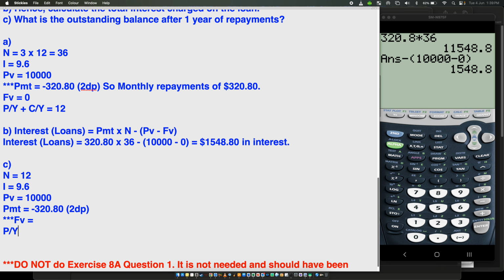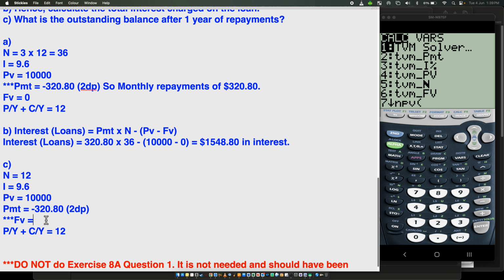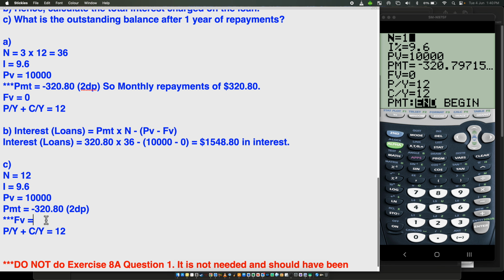PY and CY are both 12. Because I've only partially paid off the loan now, 12. So if I solve for FV, see how it's saying negative $6,979.84 to 2 decimal points.